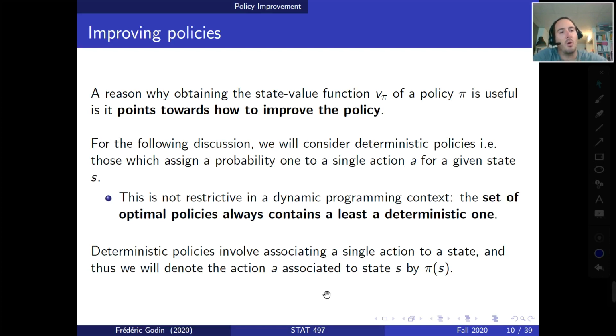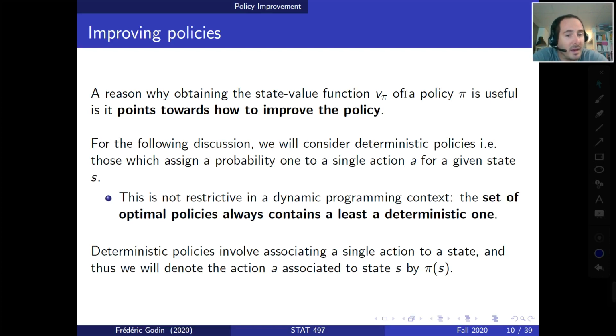We're going to see how computing the value function for a given policy can help us achieve that goal. Sometimes we might want the value of some policy in itself, but moreover, we can use that estimate because it will point towards how to improve our policy.